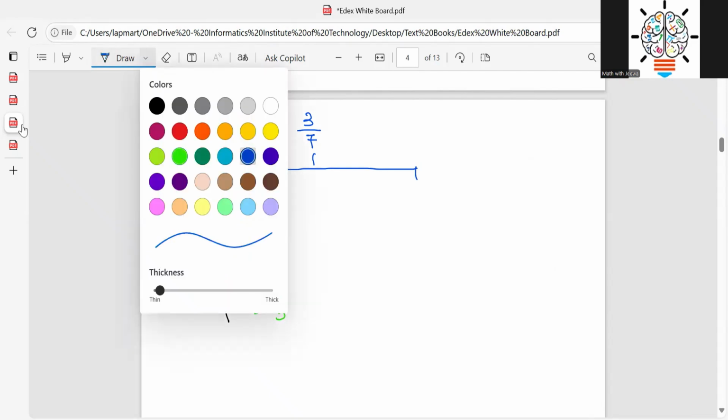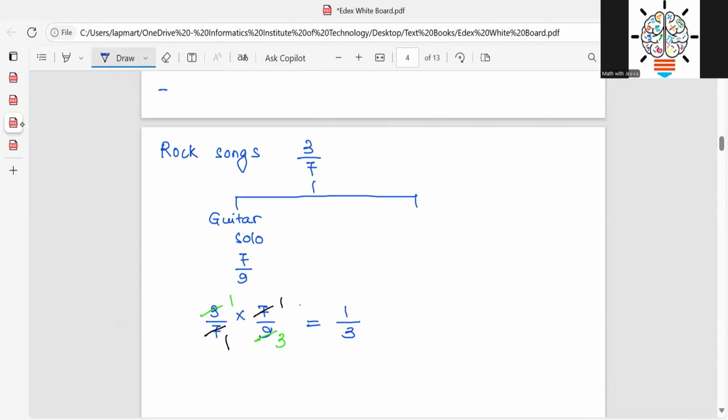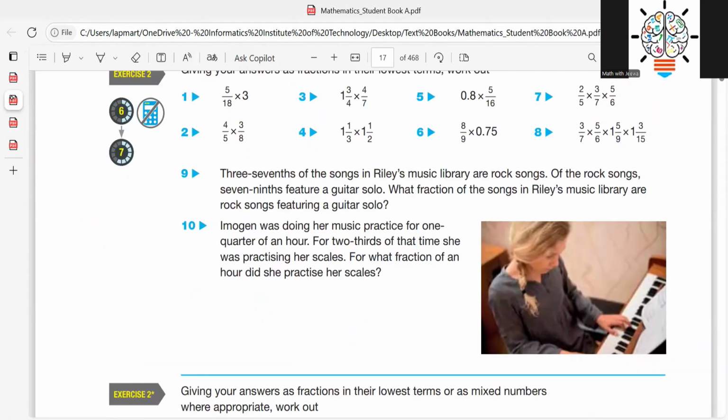Then my final answer will be 1/3, right? So this is exercise 2, question number 9. Okay, then we will move to the next one.